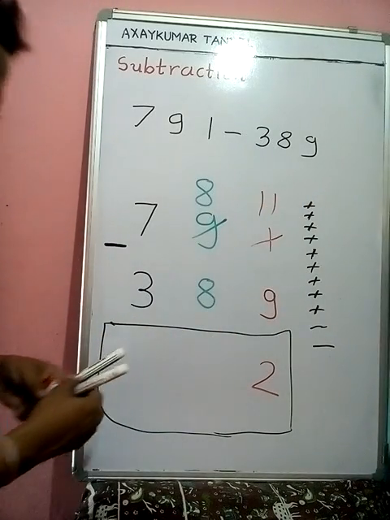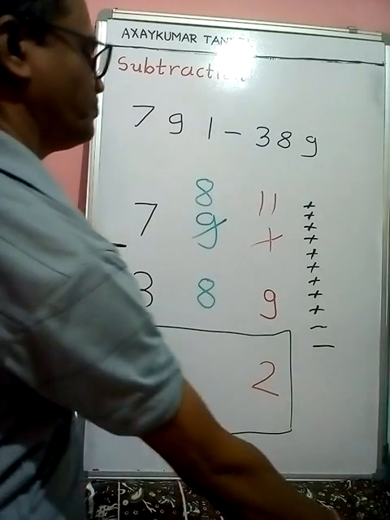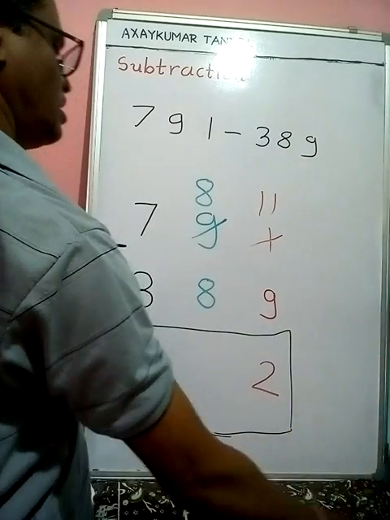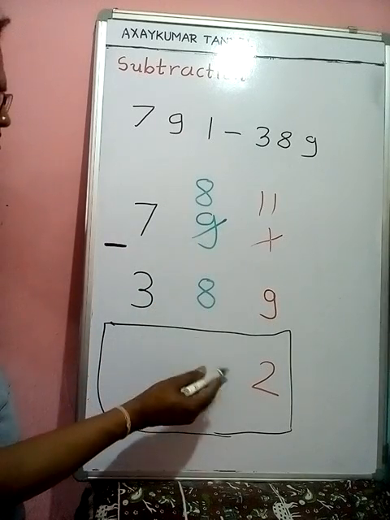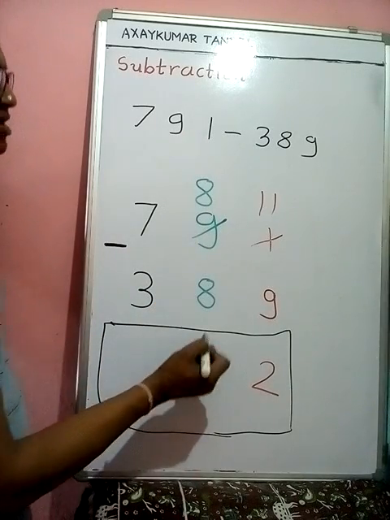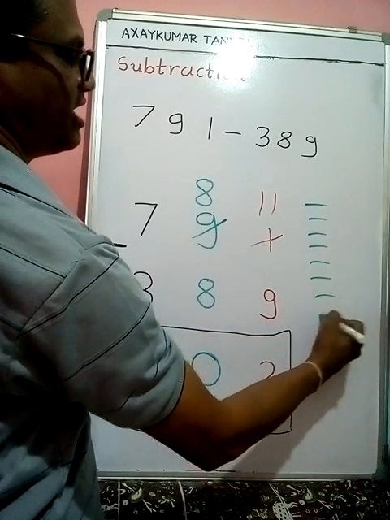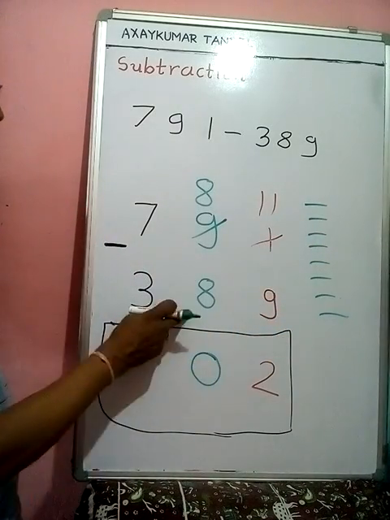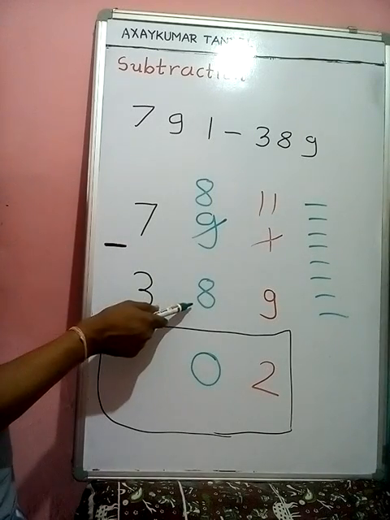Okay. Now we subtract tens column. 8 minus 8. 8 minus 8 is equal to 0. 1 2 3 4 5 6 7 8. Cutting 8. How many cutting? 8.